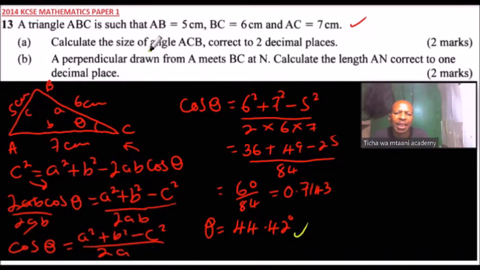A perpendicular is drawn from A to meet BC at N. Calculate the length of AN. So this is that perpendicular which we can drop here.